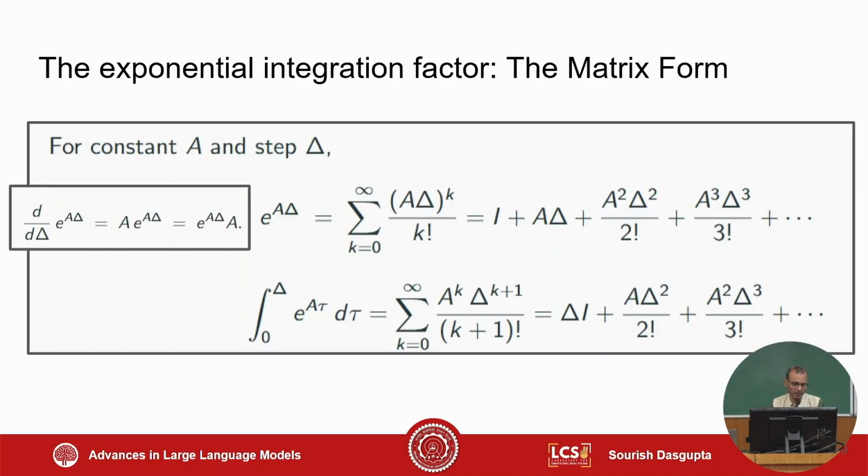And by the way, if you differentiate with respect to delta for the Taylor expansion, just so that you understand how the square and the cube come, you differentiate e raised to a delta with respect to delta and you get this, right?